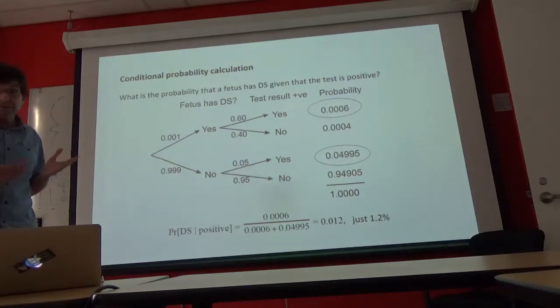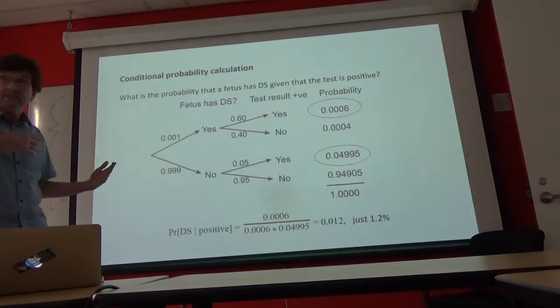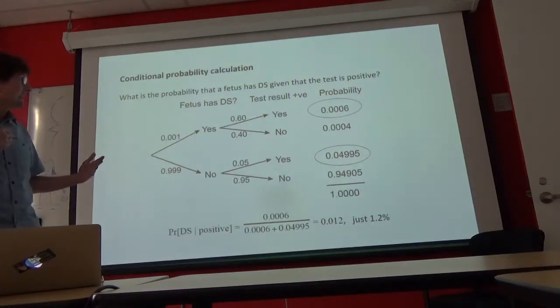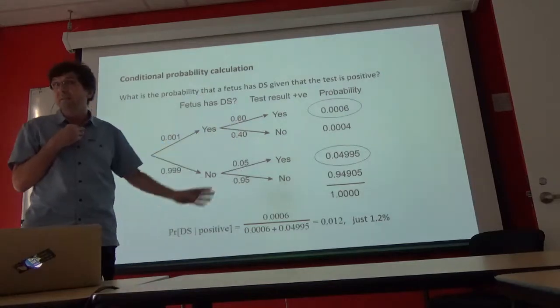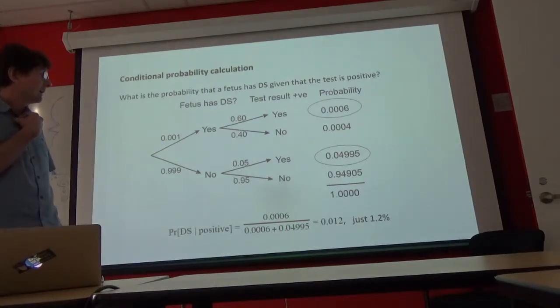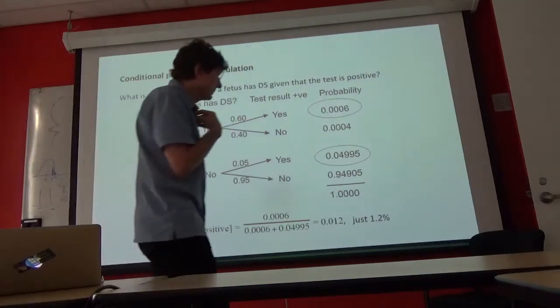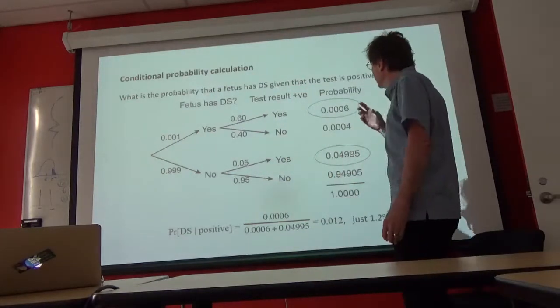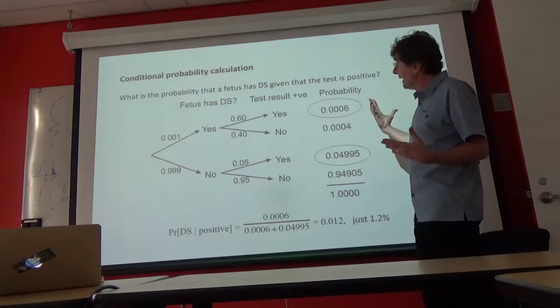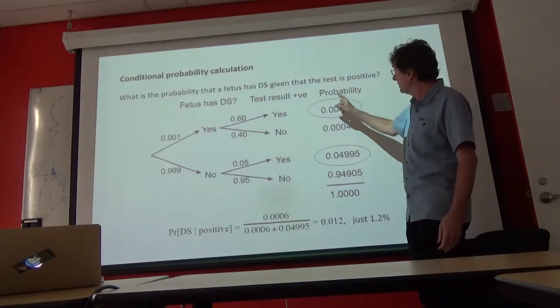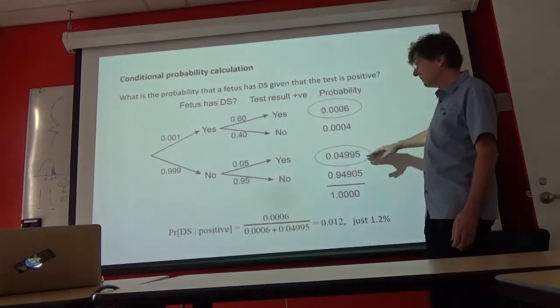So what we really want is the inverse of the probability of a positive test result given that a fetus has Down syndrome. What we really want is the probability that a fetus has Down syndrome given that the test is positive. And that can be calculated intuitively by looking at the probabilities at the tips of the tree and asking, what are the paths that lead to a positive test result? They are this path here and this path here.